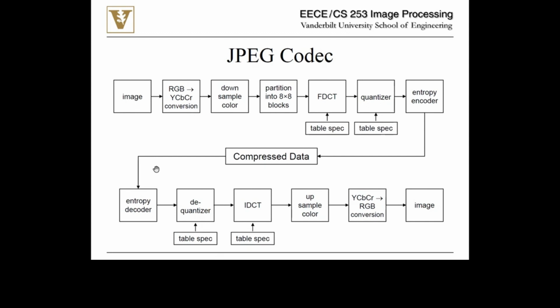In the decoder, you have to do just the opposite. The last operation in the encoder is an entropy encoder, which we don't know yet. But the first operation in the decoder has to be the opposite of it, the entropy decoder. Here you have a quantizer, so you have to do a dequantization. Here you have the forward discrete cosine transform, here you need the inverse discrete cosine transform, and so on. Every step in the decoding has to be the opposite of the corresponding step in the encoder.